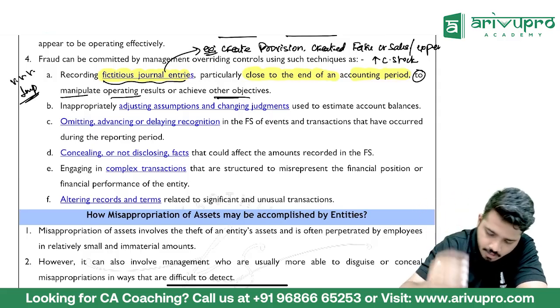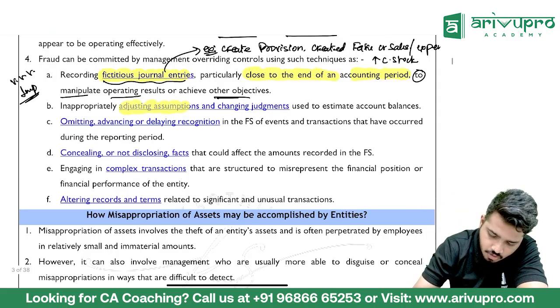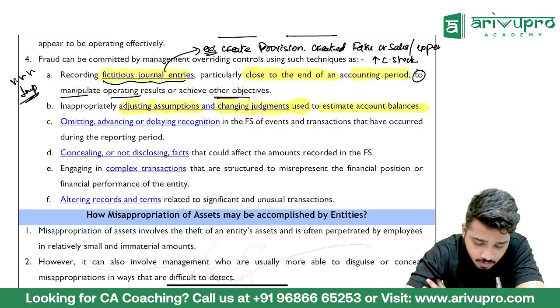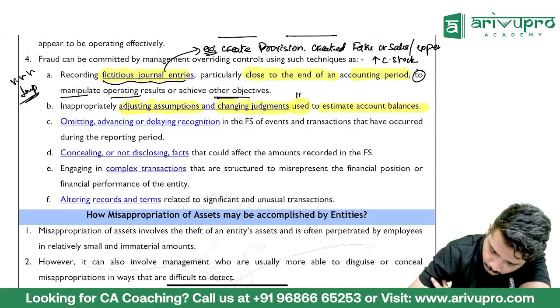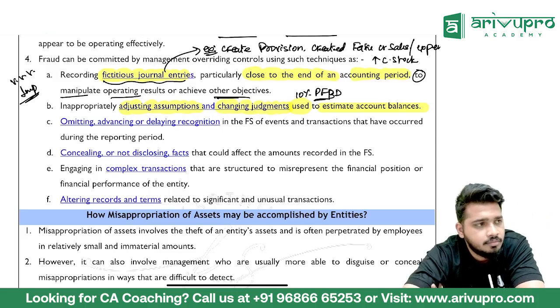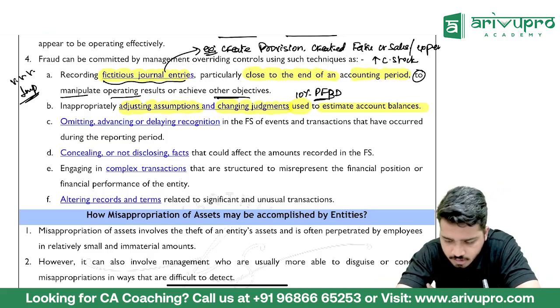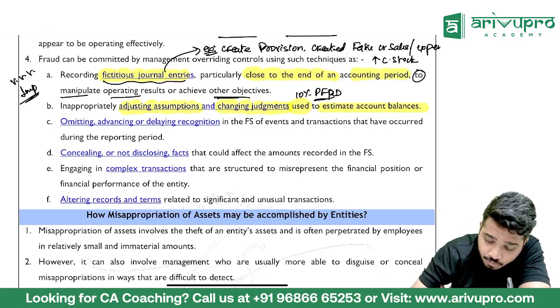Second, adjusting assumptions and changing judgments which you already used to estimate account balances. Sir, you thought a 10% provision for bad debts, BFBD, is good enough. Now suddenly I am changing my judgment.